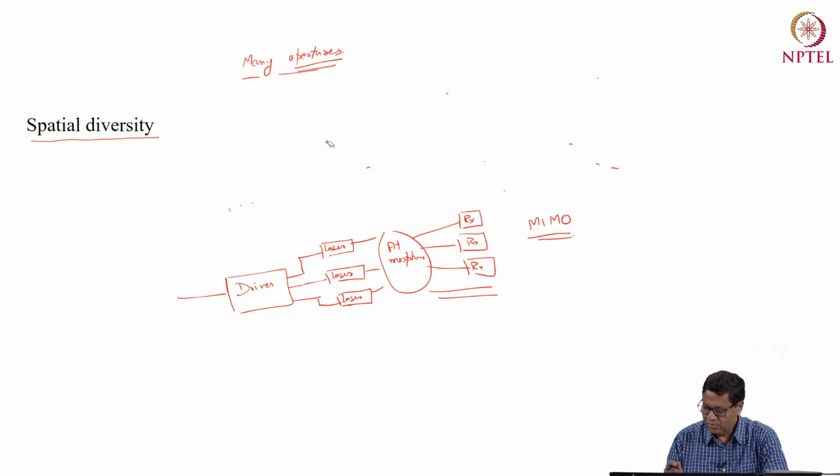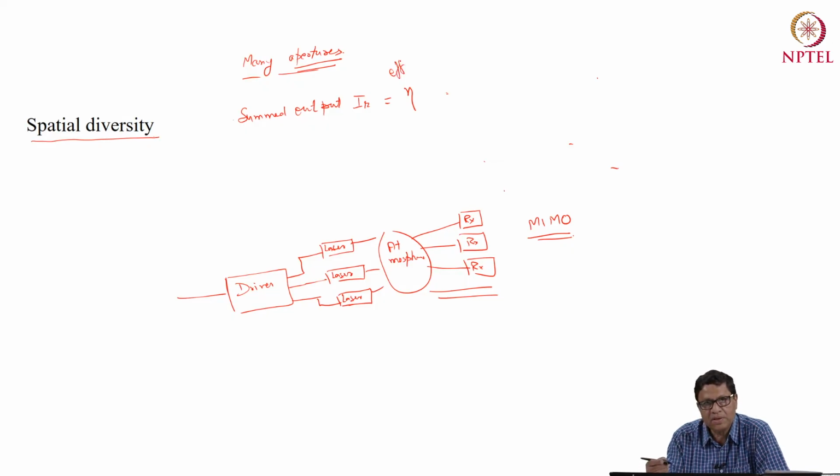So let us see what is the maximum input you get at the receiver. So that will be a summed output. Let us denote that as I_R will be equal to eta. This is some efficiency parameter which is converting from optical to electrical, because you will be using some device which will convert from optical to electrical.